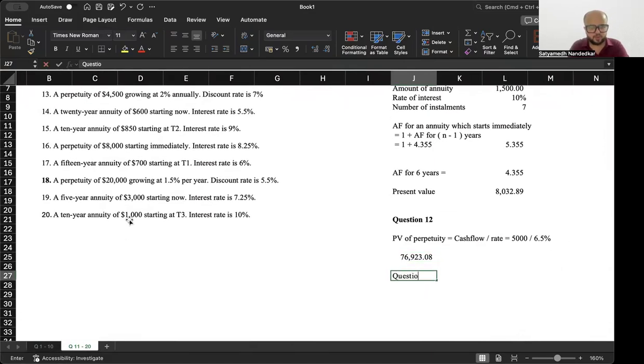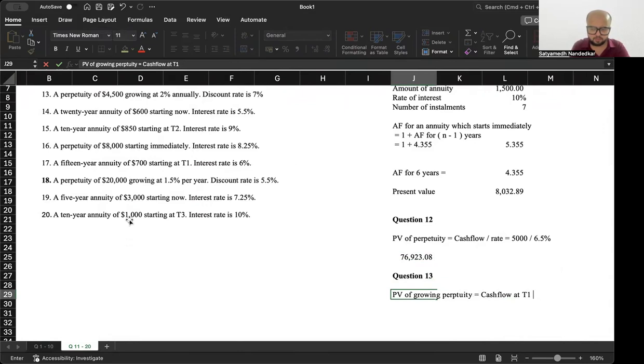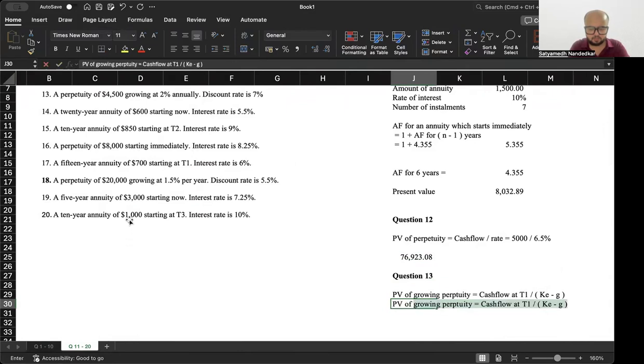Question 13 is a perpetuity of 4500 growing annually. Okay, so PV of a growing perpetuity is cash flow at T1 upon KE minus G. What is the cash flow at T1? 4500 into 1 plus 2%, upon what is KE?